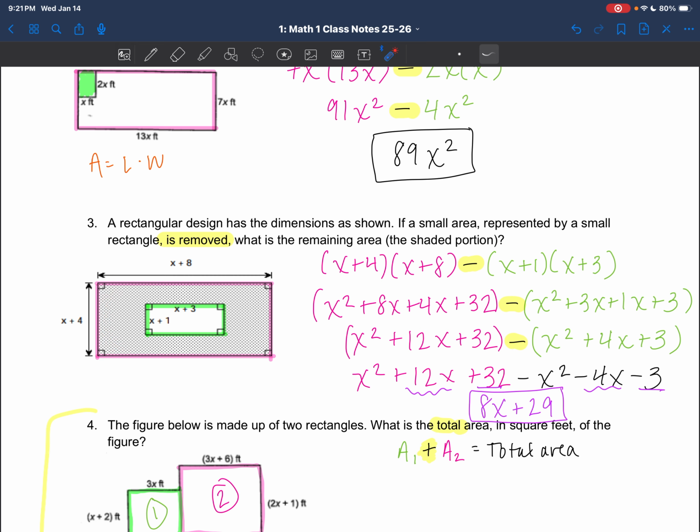So what we have to do is take the area of the big rectangle by multiplying those together, and subtract the area of the little rectangle by multiplying the length and the width together. So remember, when you multiply, you need to distribute.